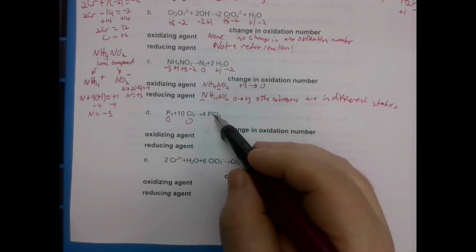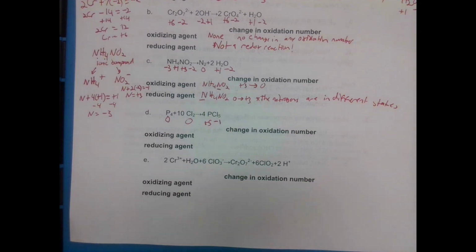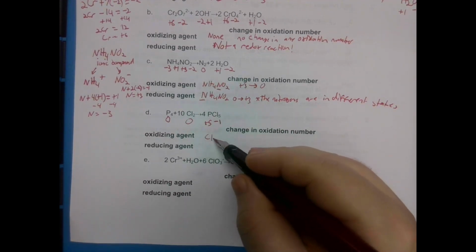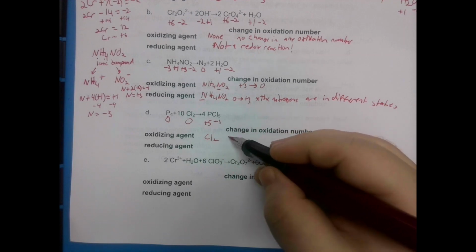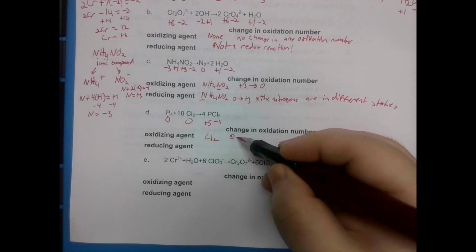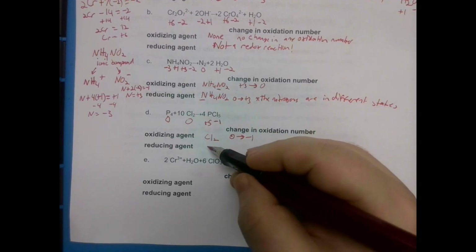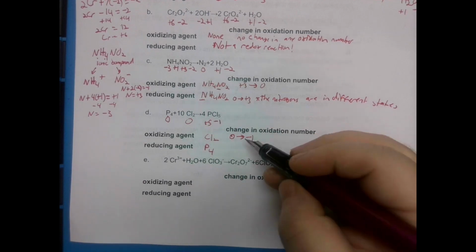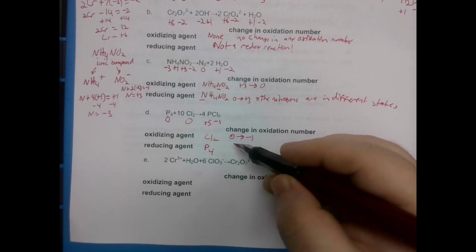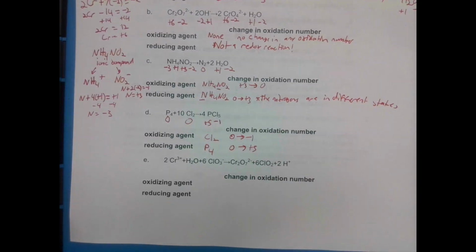Therefore, phosphorus must be +5. So chlorine is the oxidizing agent. It is being reduced from 0 to -1. And the reducing agent is phosphorus. It is going from 0 to +5, so it's being oxidized.